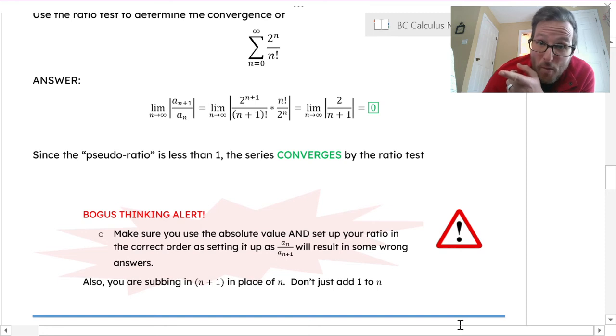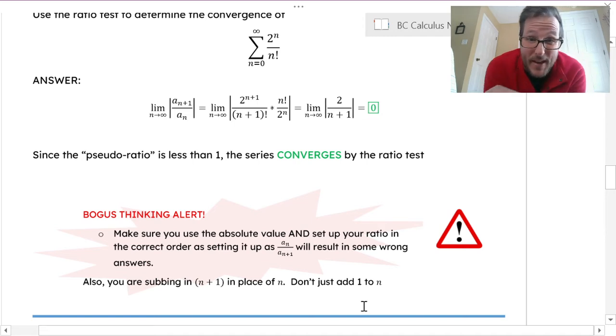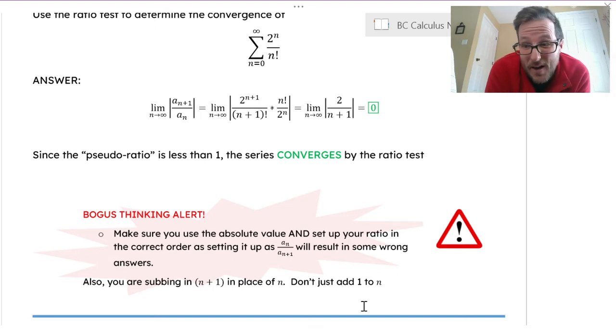Oh, before we do, though, bogus thinking alert here. Make sure you do the n plus 1th term divided by the nth term, because if you flip that around, you're going to get numbers that should be less than 1, but if you do the reciprocal, you're going to get them greater than 1, or if they should be greater than 1, you're going to do the reciprocal and get them less than 1. So you've got to be careful how you set this up.